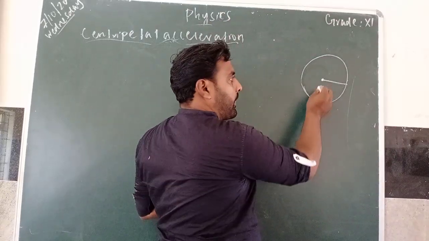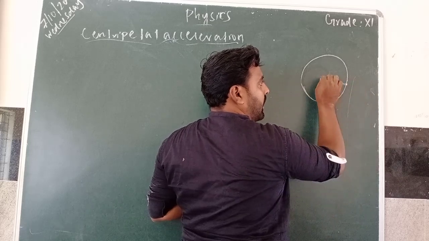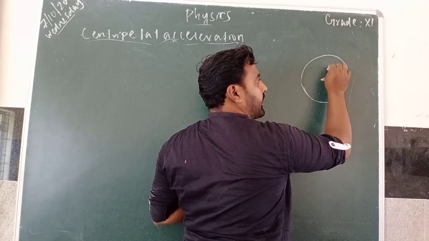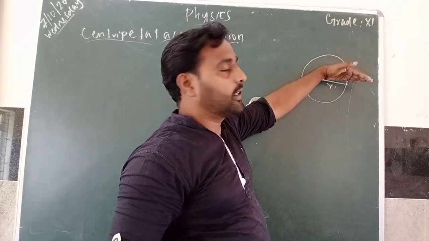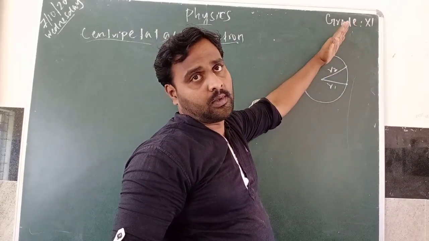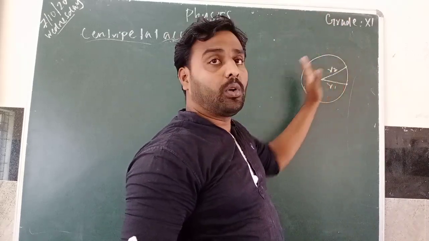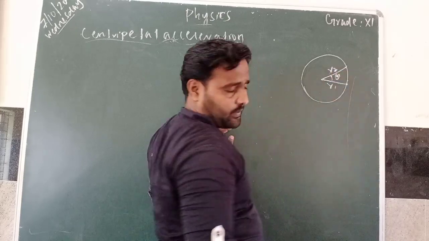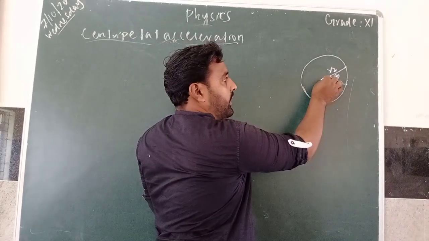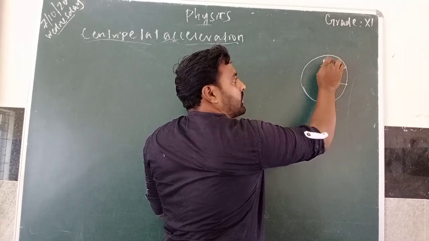Now you see, this is position R1 and this is the position of the object, R2. So the position is shifting from one place to another, making an angle theta. Now when the position changes again, theta will come here, the position R3.